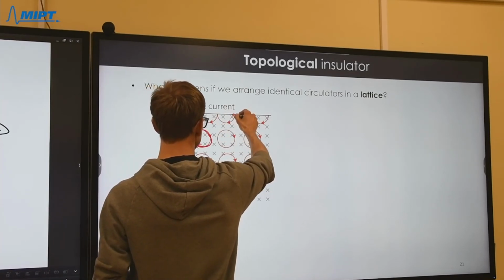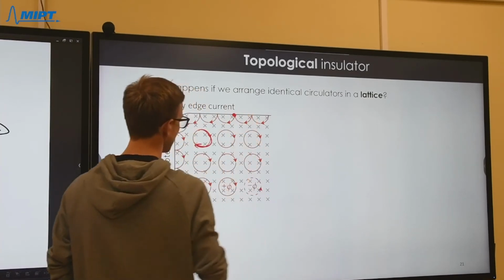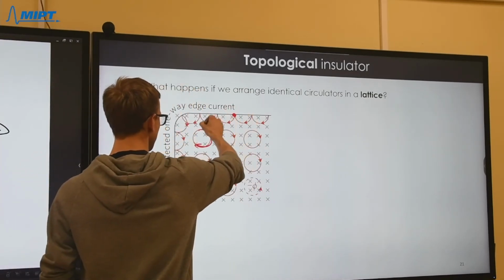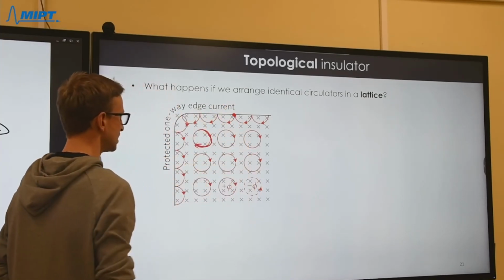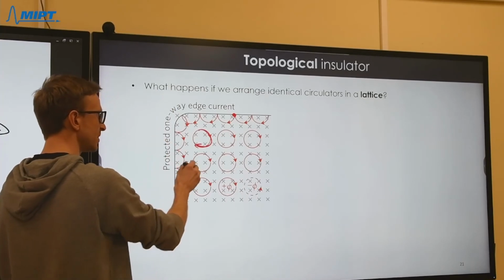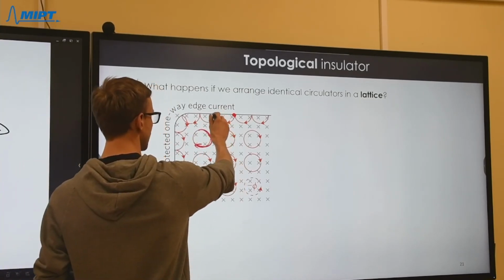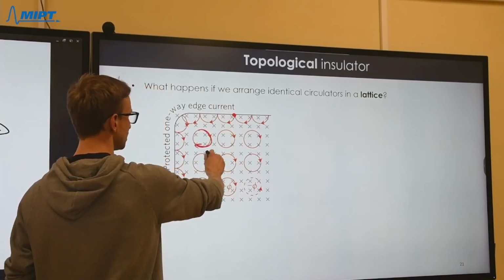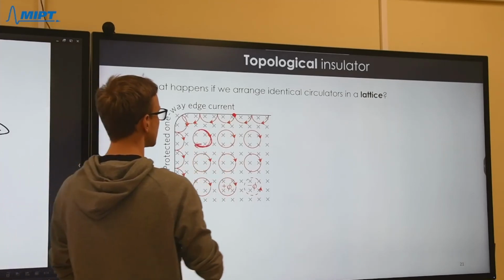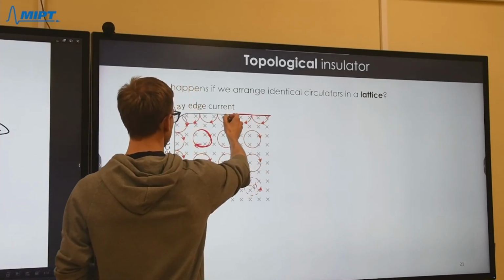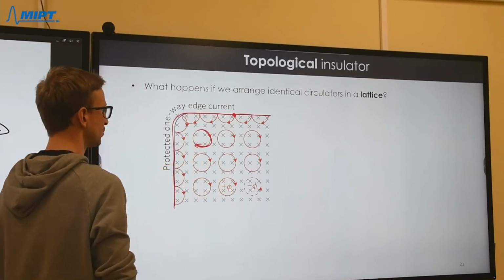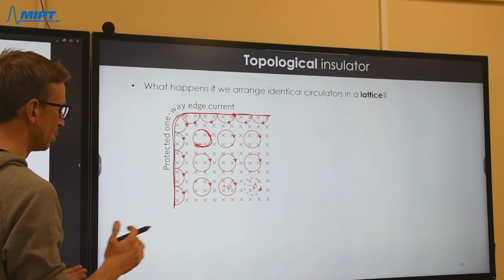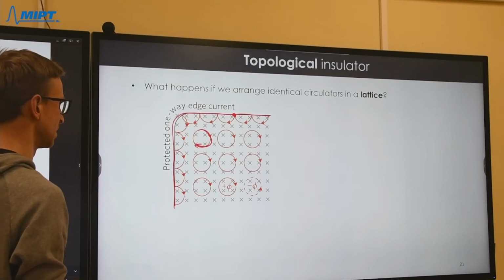If we excite the system here, if we inject energy at this point, it's going to circulate along the edge, and it simply cannot go inside the system because every circulator does not allow the energy to go inside. And let's also say somehow we prevent the radiation from leaking to the environment, for example, by closing it with some metallic walls or something.